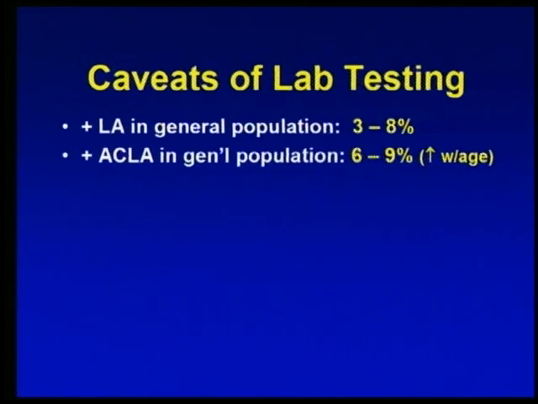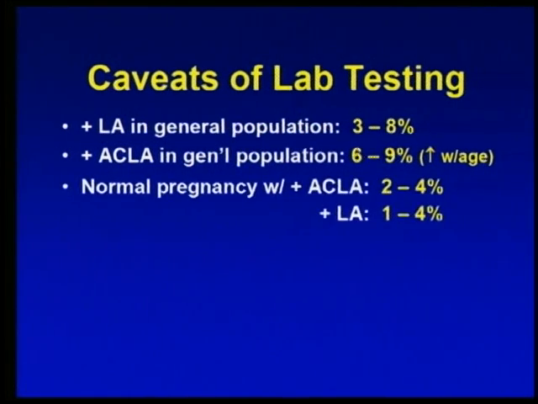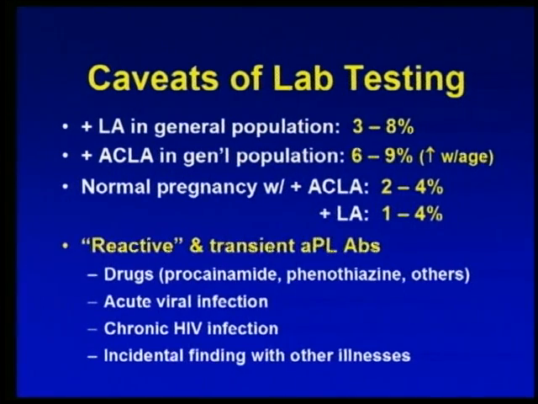And if we screened everybody for anticardiolipin antibodies, we'd find it positive in 6 to 9%, and that rate increases with advanced age. Pregnant women also can have anticardiolipin antibodies, lupus anticoagulant activity, with no history of obstetric complications at all. And we know that these antibodies may be commonly formed in reaction to either drugs or some physiologic insult.